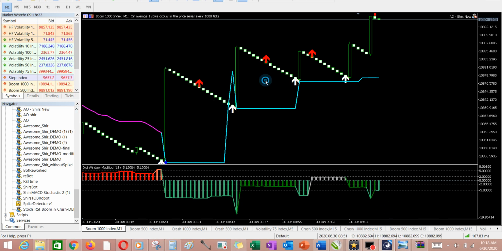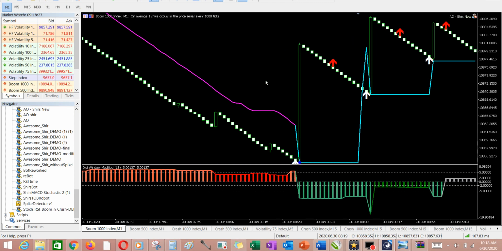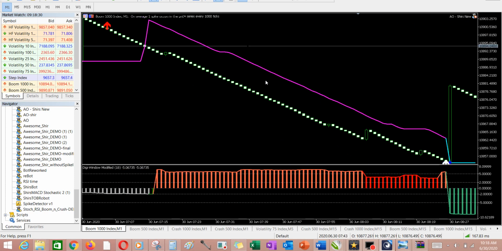So let's go to the market. We'll be starting with Boom 1000. For those that love trading Boom 1000, let me tell you a few tips. If you are just coming into the trading markets, probably you are still a newbie and you don't know how to go about it, I know so many of us love starting with Boom and Crash, so I'll advise you to start with the 1000 indices first. That is Boom 1000 and Crash 1000.